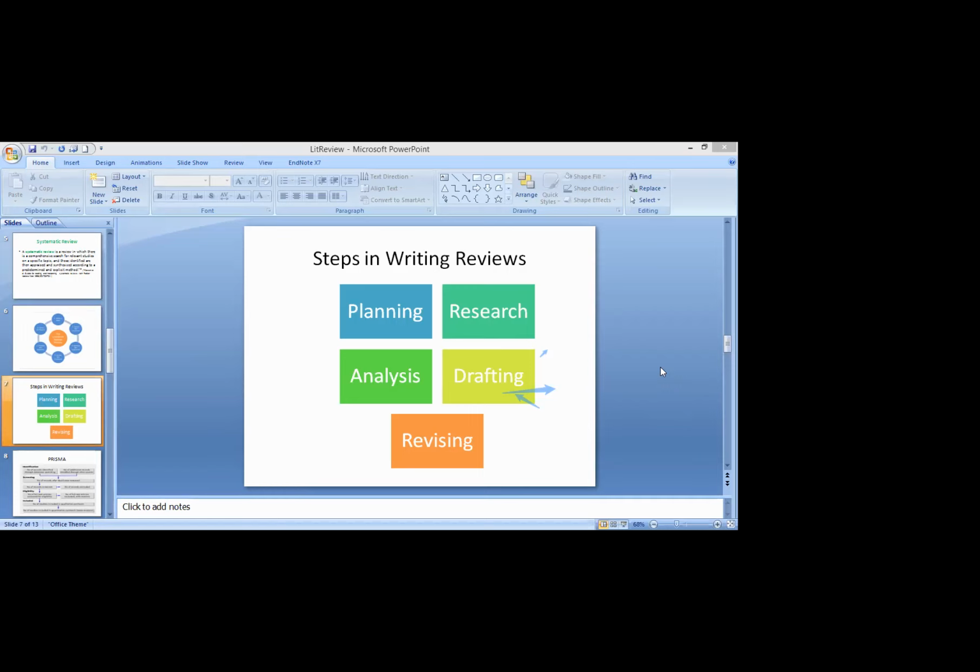So what are the steps in writing reviews? Planning. If you have done the planning, let's see how the PRISMA guidelines help in planning. Or there are certain planning tools that are already present for systematic reviews. We will go through them and come up with the idea of how planning is the main part of any research.